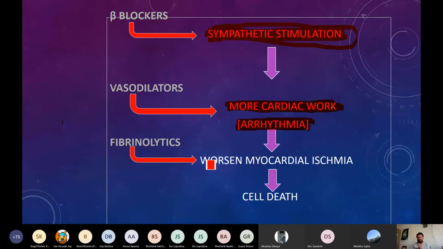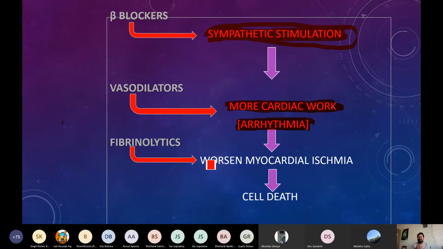We've talked about fibrinolysis, streptokinase, alteplase last time. So these drugs can be given. Why? Because fibrinolytics are able to dissolve the already formed clot. If you dissolve the clot in a timely manner, the infarction might be limited to a very small size.